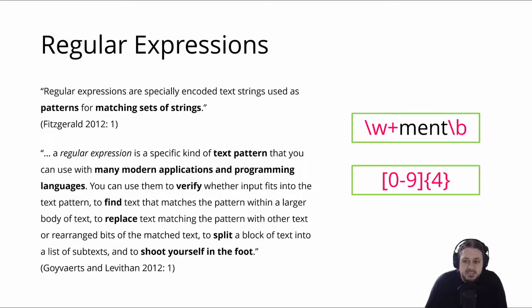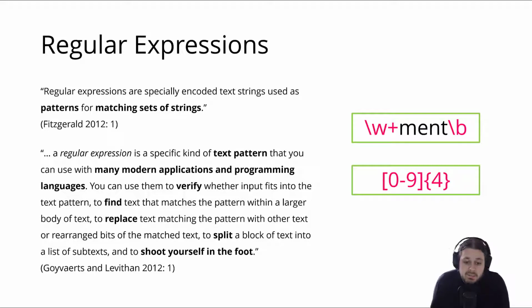So the idea is that we can use these search patterns to check whether some text looks like we expect it to look, to find text in a collection of texts, for example in a corpus, to replace texts or to move text around, and to split text based on some rules.